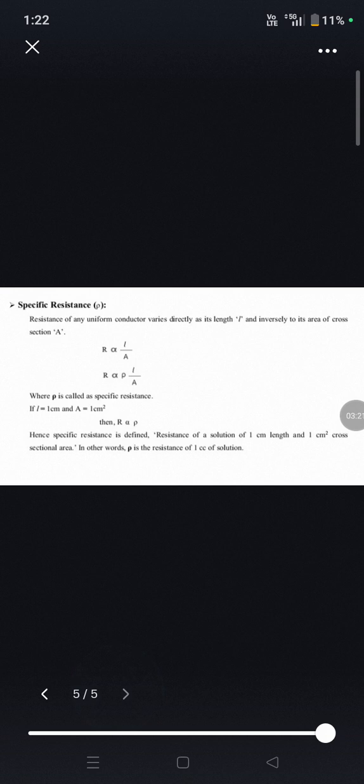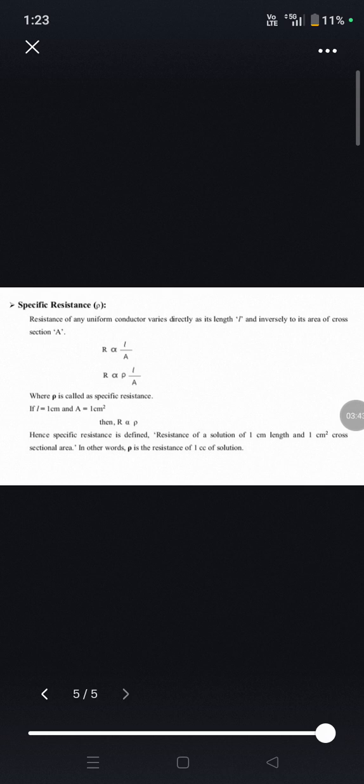Now, specific resistance. Resistance of any uniform conductor varies directly as its length L and inversely as its area of cross section A. R is directly proportional to L by A, and R is equal to rho L by A, where rho is called the specific resistance.